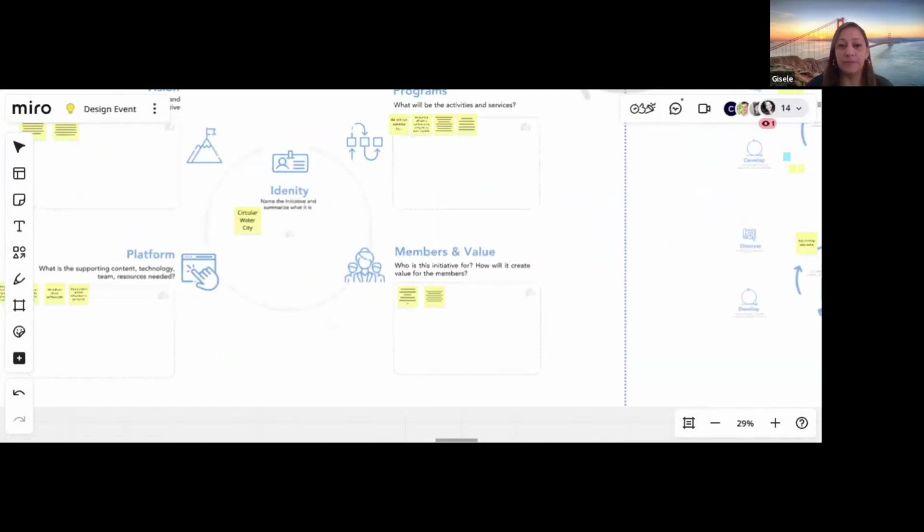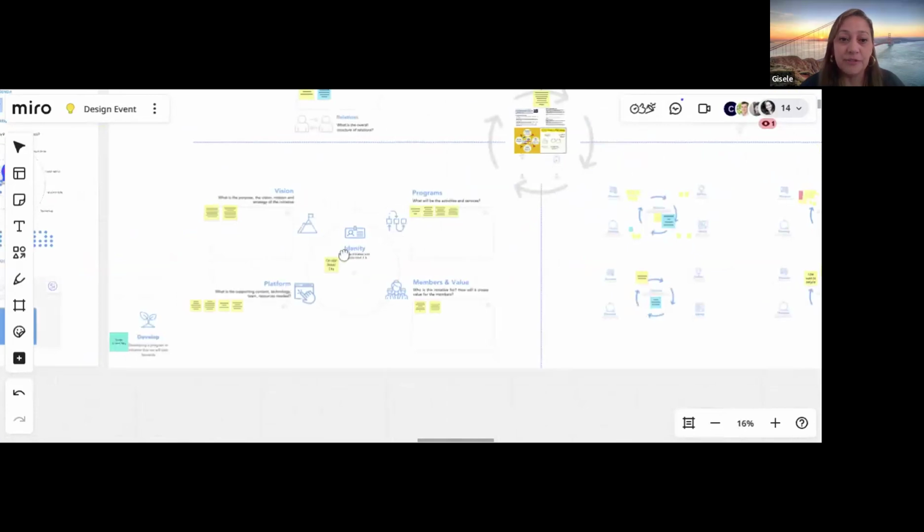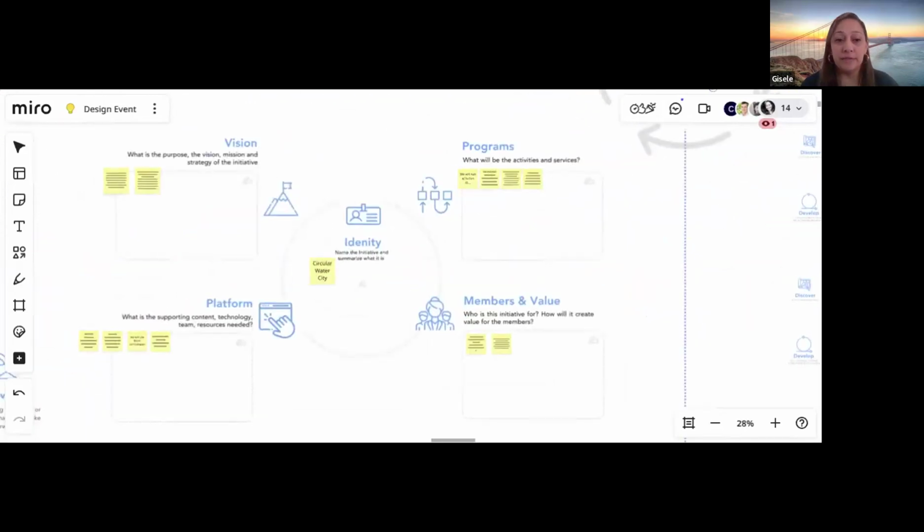So here we have our last stage. You have a canvas. This is a virtual building canvas. This canvas is helping us to develop our idea and structure it as a venture, as an initiative. And this initiative could be an ecosystem startup or another change initiative you want to implement in your organization.